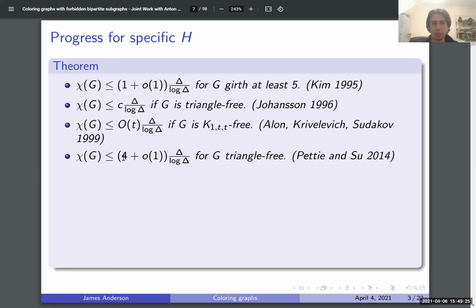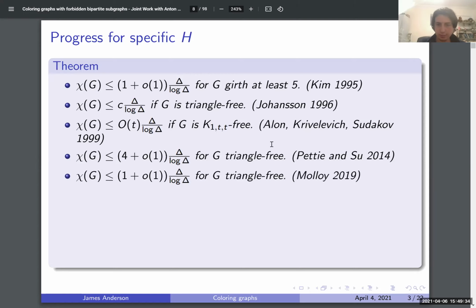And so now notice that the constant no longer depends on H. And then in 2019, Molloy finally showed that we can get 1 plus little o of 1 times delta over log delta for G triangle free.